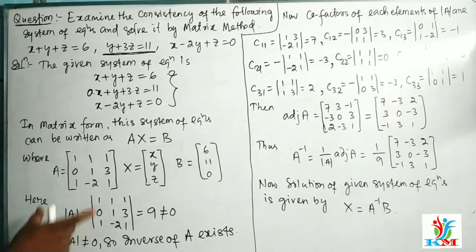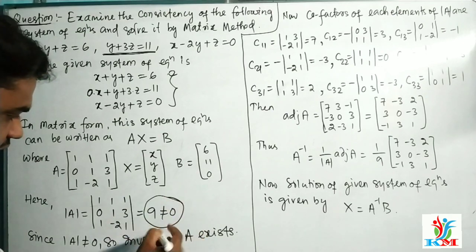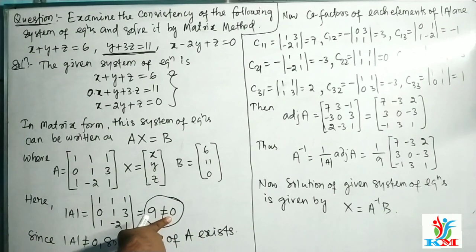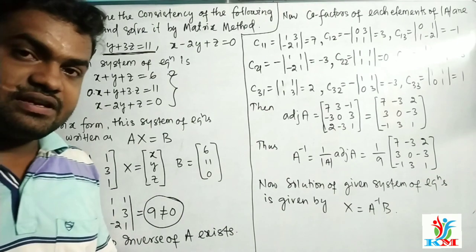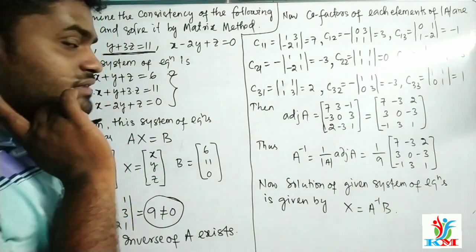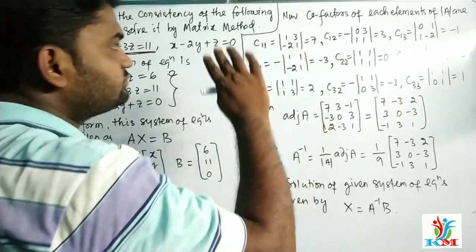So here the determinant of this matrix A is equal to 9. Look at here, since the determinant of A, 9, is not equal to 0, it is invertible. So now we have to find the inverse of A. For this we have to find the adjoint of A, and for the adjoint we have to find the cofactors of the matrix A. So look at here, I write the cofactors.